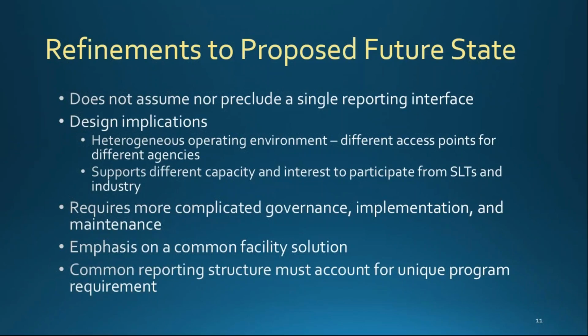The design implications we have here reflect the fact that we're dealing with several different EPA programs, 50 states, several local programs, as well as some for tribes as well. All have slightly different systems. We have to be able to work and make trade-offs, if you will, between those different systems.